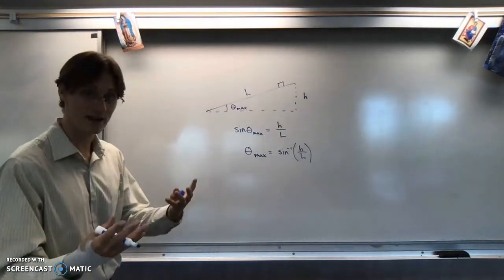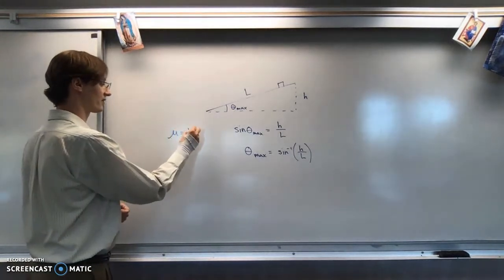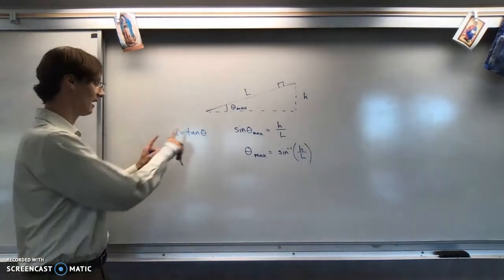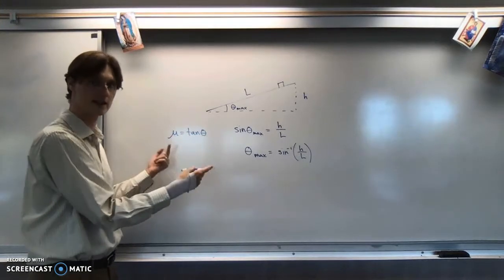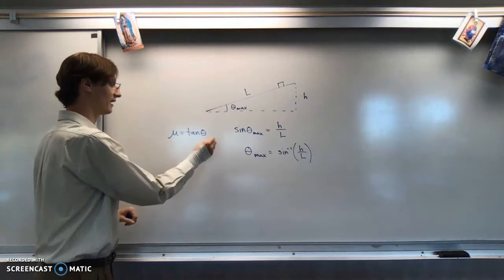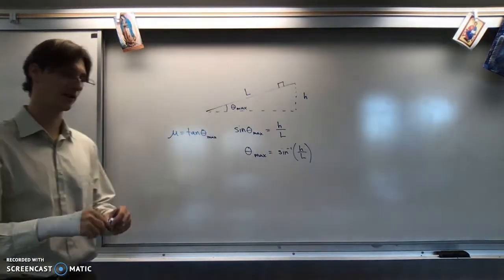So there's a derivation that you're going to do where you determine that mu equals tan of theta. Okay, I'm not going to prove that to you right now. You will prove that in the handout for the lab. But based on the value of theta, you'll be able to determine the value of the coefficient of friction.